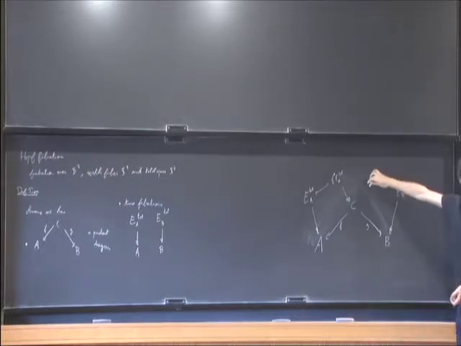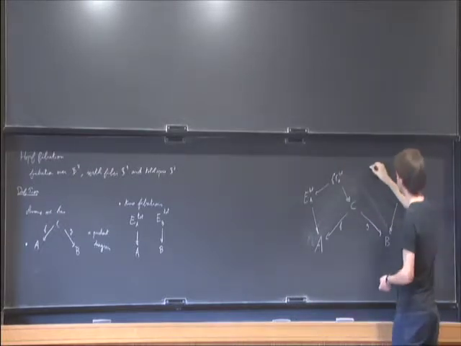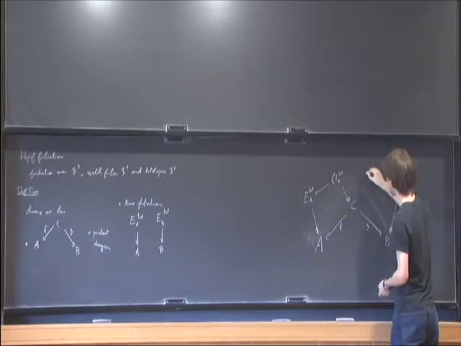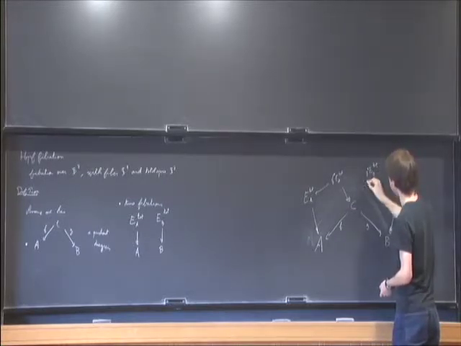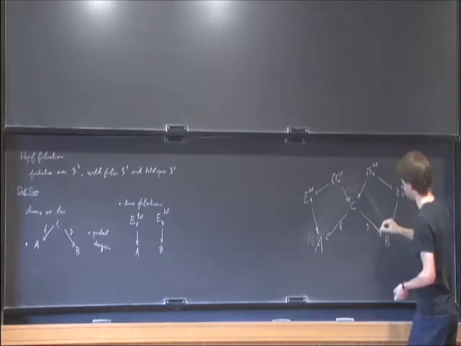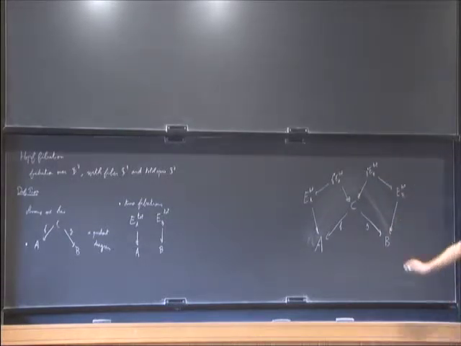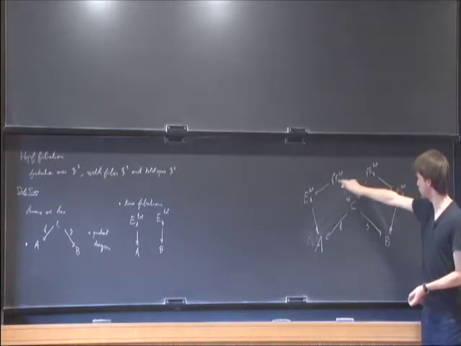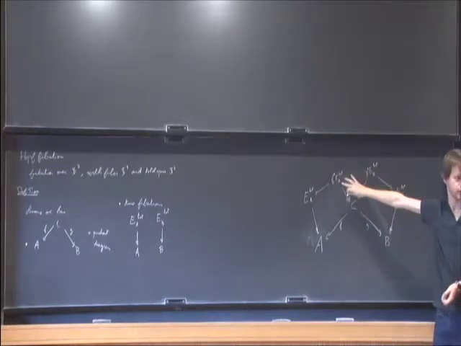And I can pull this fibration back along G. I get some G star of EB.